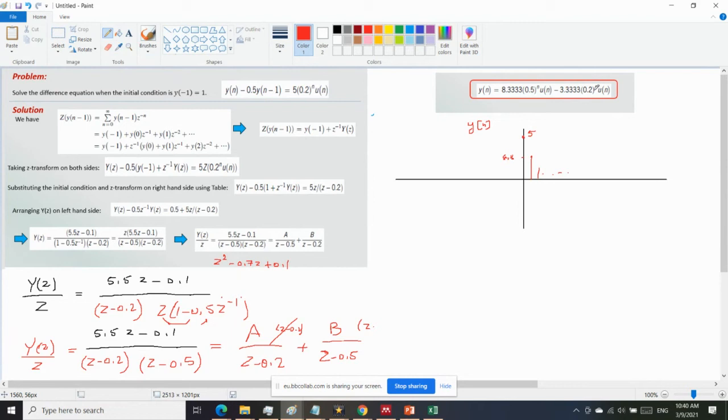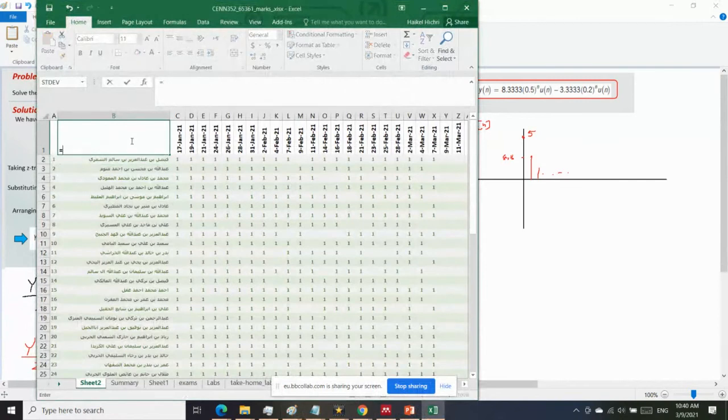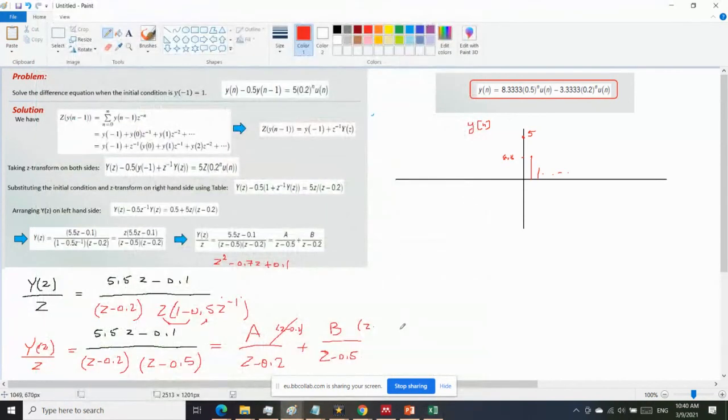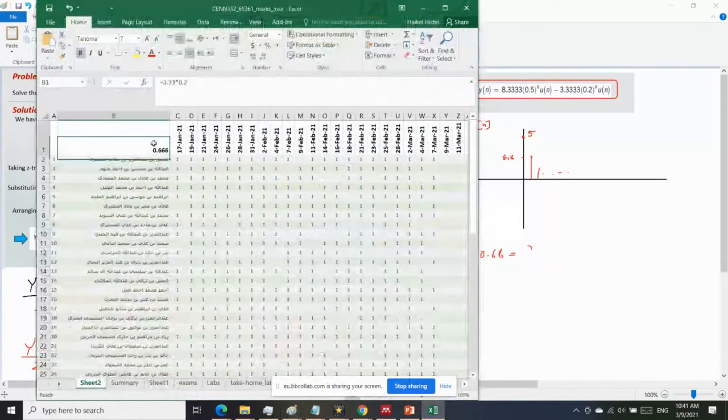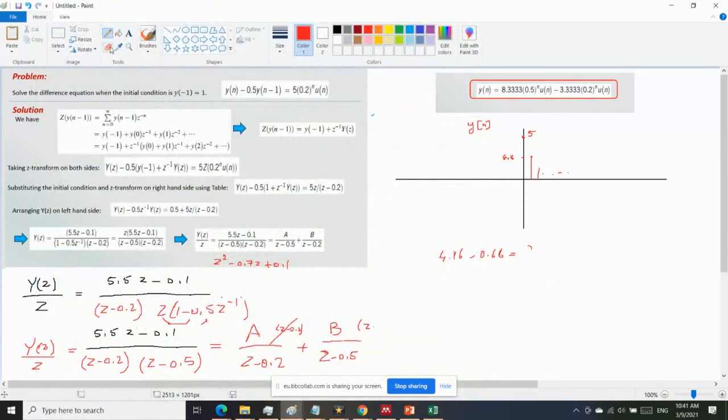So a fifth of it is what? 0.66. So 4.16, subtract 0.66 from it, what will remain? 3.5 and so on. So we can compute, and then we can compute at n equal to 2 and so on.